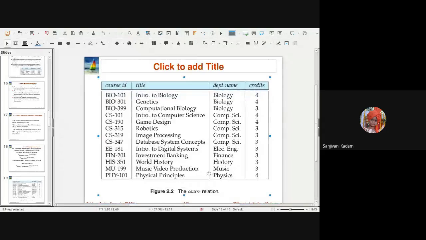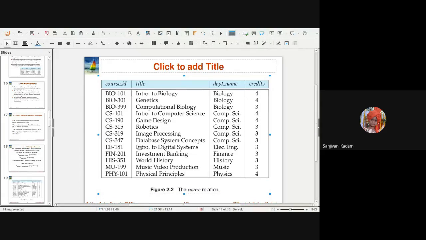So here we can apply many more conditions. Consider that I want to list details of only those subjects which belong to the computer science department. There might be 17 to 18 subjects in the course relation, but out of that I do not want to display everything. I only want to display those subjects which belong to the computer science department.